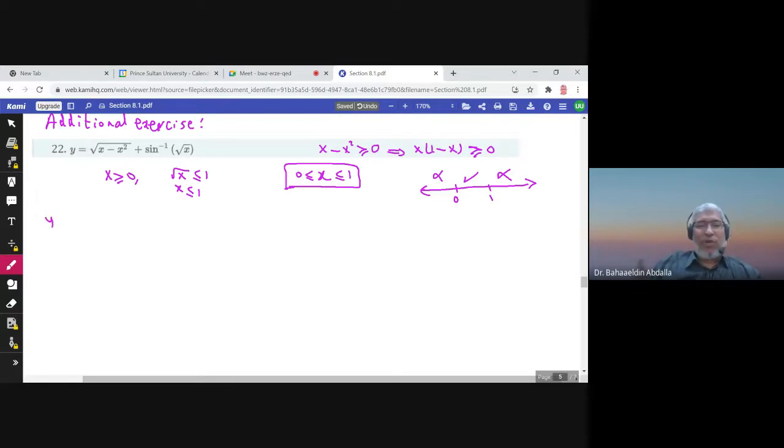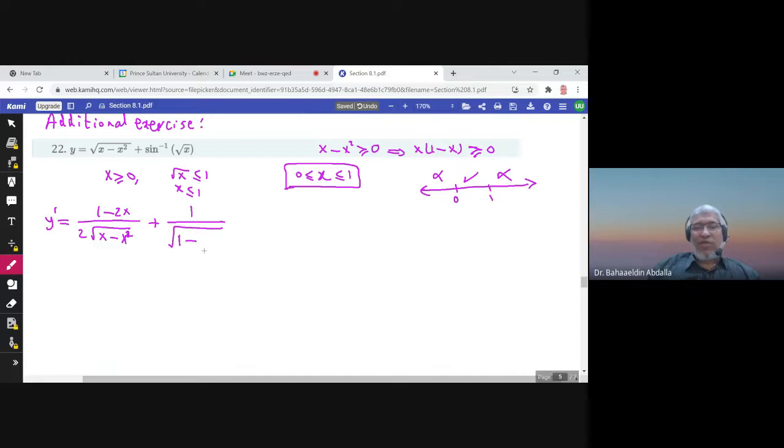So let us find y prime. The derivative of the square root is 1 over 2 times the square root, times the derivative of x minus x squared, which is 1 minus 2x, plus the derivative of sine inverse, which is 1 over the square root of 1 minus, I write here, x squared.